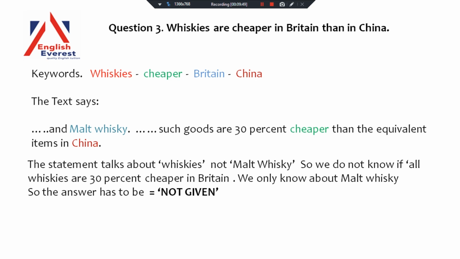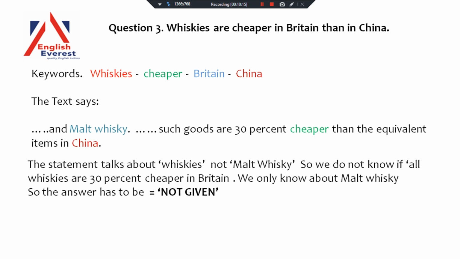Again, this is something where you really have to read for these things and look at the text very carefully. These are the reasons why people often get these questions wrong because they're there to really test you. It says here malt whiskey. Malt whiskey is only one type of whiskey. Yes, there are many. I think in fact there are hundreds of types of whiskey.